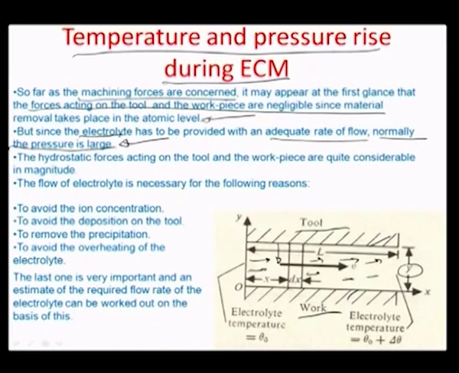Some of the reasons why flow would be preferred would be to avoid ion concentration, to avoid the deposition on the tool of the electrode material that is removed, to remove the precipitation of whatever goes from the work into the electrolyte, and to avoid overheating of the electrolyte.